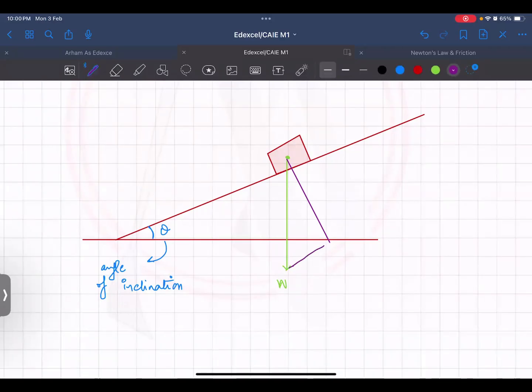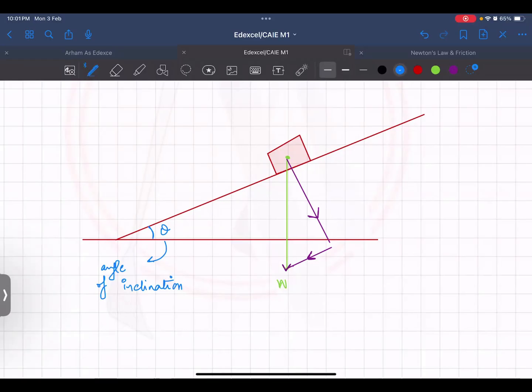Sorry, my diagram is not that good. I hope you can understand this. And this is the resultant weight component.